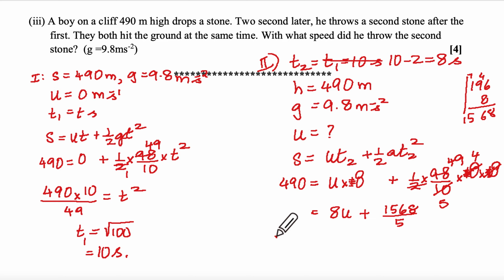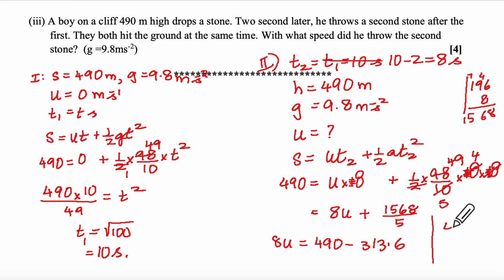So 8u will be equal to 490 minus 1568 upon 5, which is 5 threes 15, and 3/5 means 0.6, so 313.6. Have I made a mistake? No mistake.